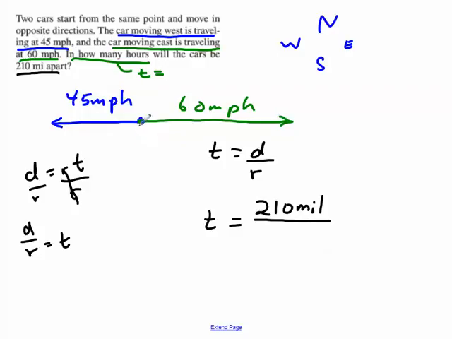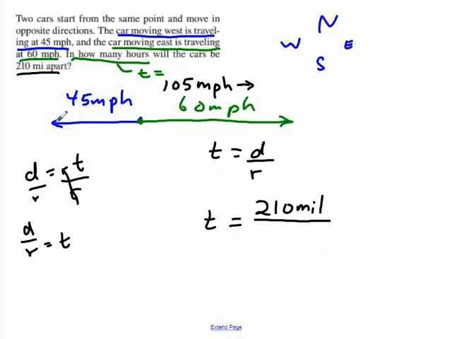What I'm going to think is that this blue guy on the left going west is going 45 miles per hour. This green guy on the right is going 60 miles per hour. Why don't we say that this 45 mile per hour guy is just waiting here and pretend that the green guy is going 105 miles per hour to the east.